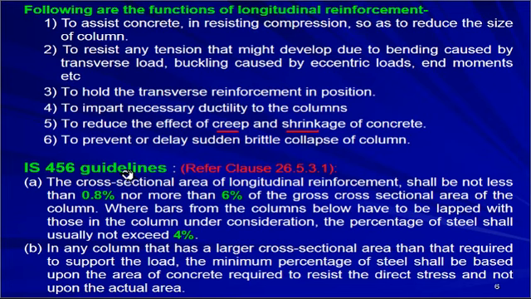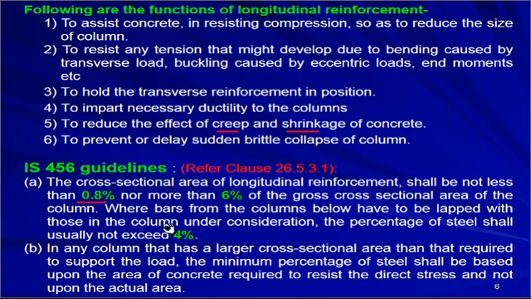IS 456 gives some guidelines related to longitudinal reinforcement, and we will see these one by one. The cross-sectional area of longitudinal reinforcement shall be not less than 0.8%. This is the minimum percentage of steel mentioned, and not more than 6%. This 6% is again reduced to 4% in some cases.